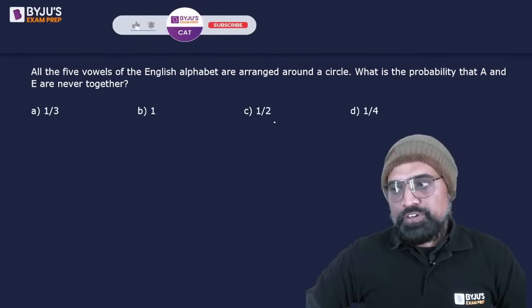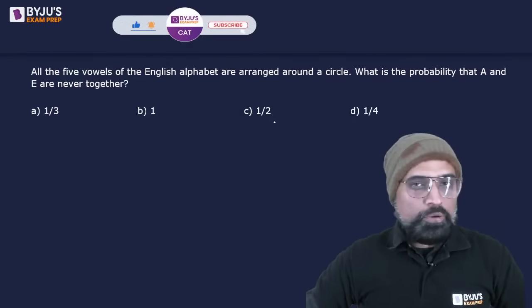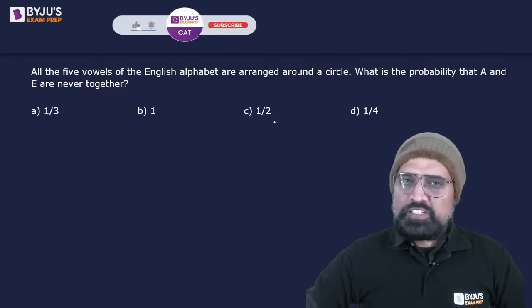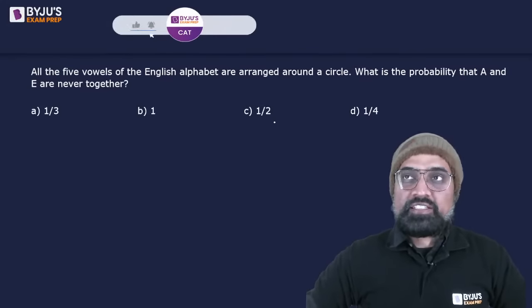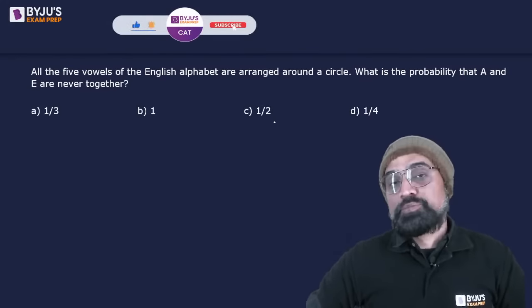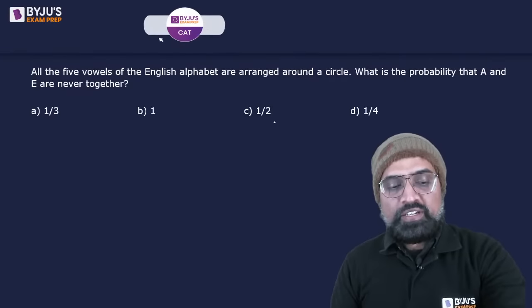At least 2 different ways to solve. One is common sense. Another is properly solving, as in doing the calculation, finding out all the cases, and from those finding out the probability that A and E are never together.